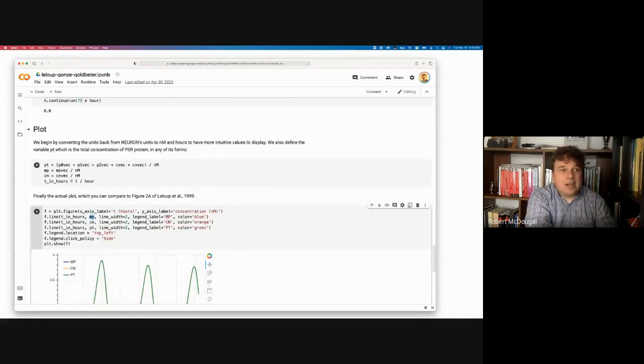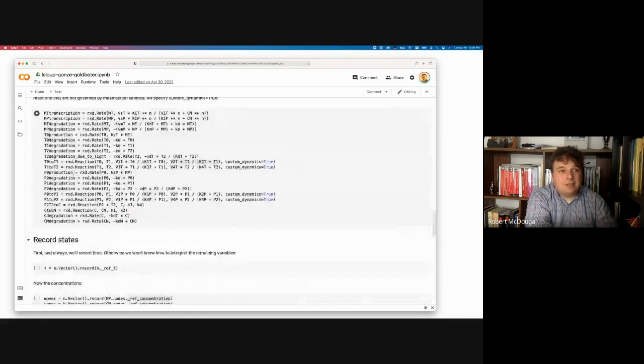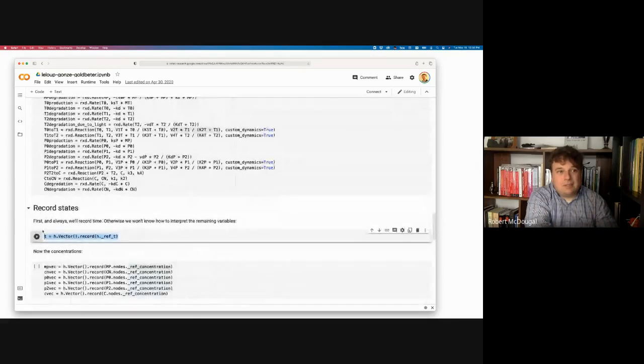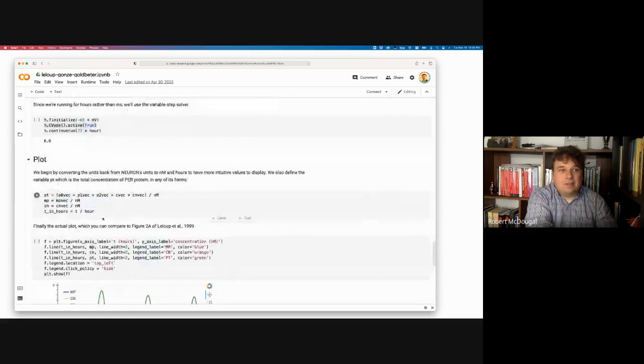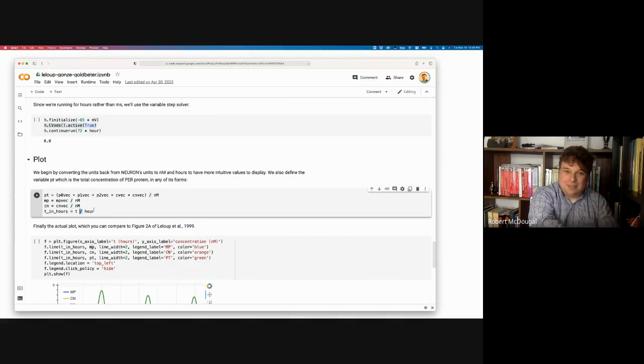By the way, since time is a vector, just to be clear, time is a vector. It's always recorded in milliseconds. But in order to get that to turn out into hours instead, I divide it by the hour scale factor. It's going to turn it into hours instead of multiplying. Does that make sense? Because I'm going the other way.